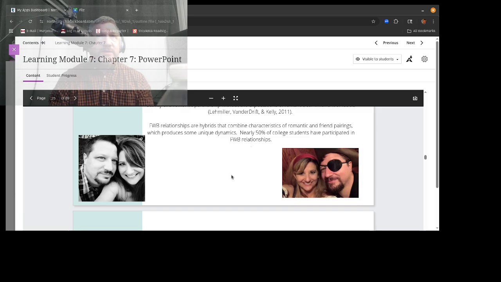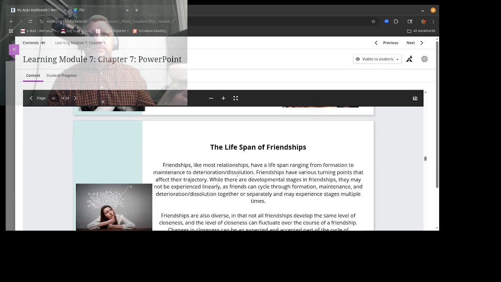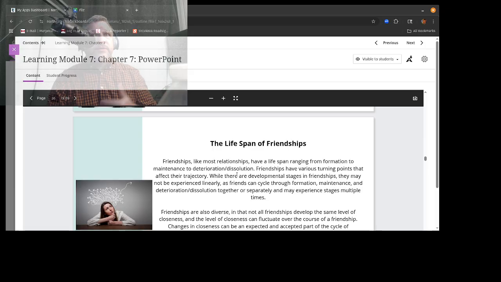Pretty amazing. It's a beautiful thing created out of the ashes of two failed relationships, right? So they can become beautiful, but don't necessarily have an expectation of an FWB relationship developing in that way. Both people would have to be open, and usually one person is open, the other one isn't, and that's what kills an FWB relationship.